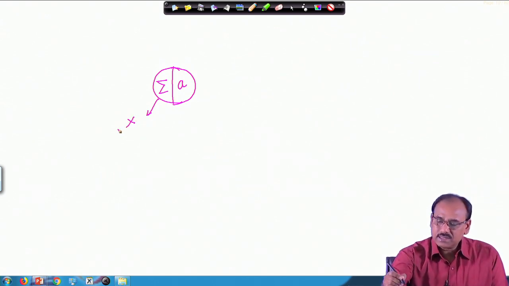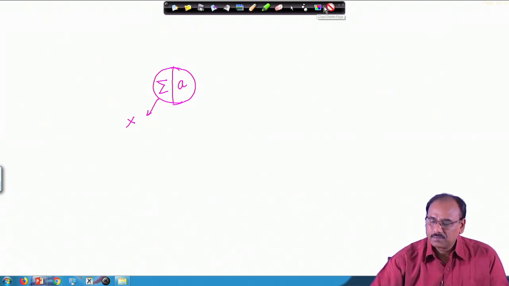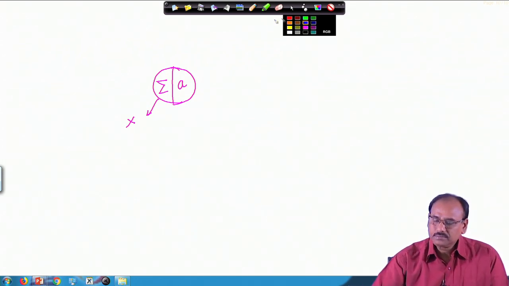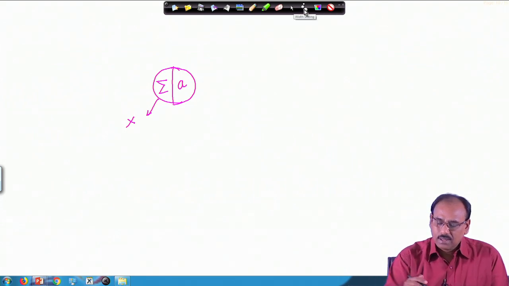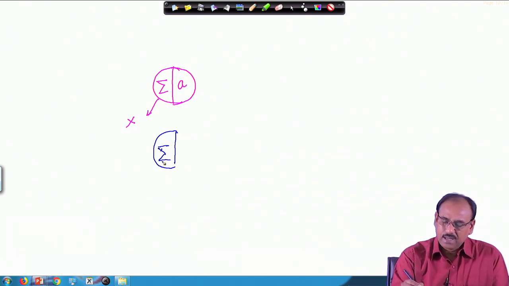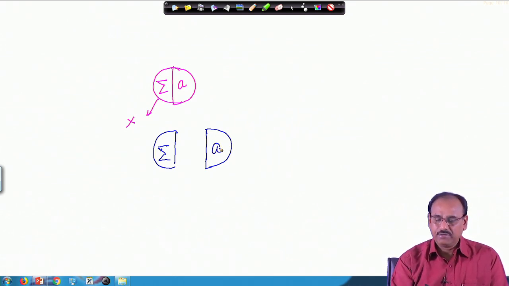So, in other sense, I can say that in between X and the activation, I have this portion which computes the weighted sum, and this portion of the neuron, or the node, which gives you the activation.